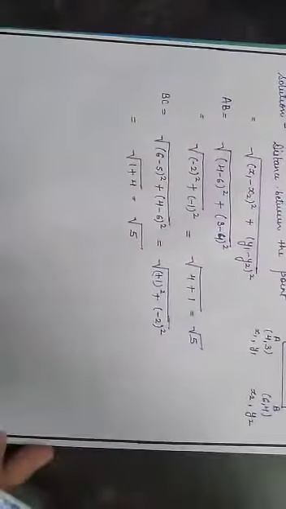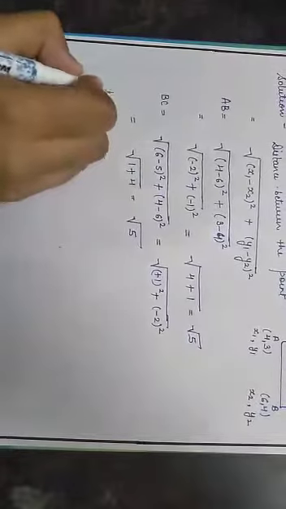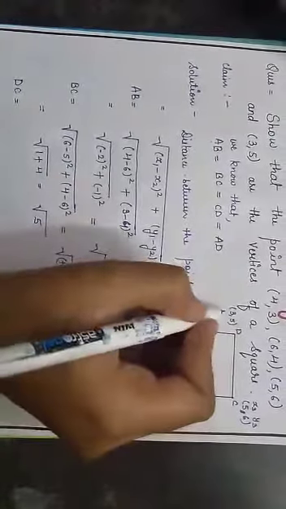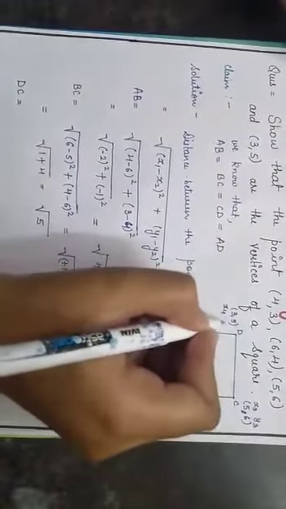Similarly, find DC. For DC, 3 is x4 and 5 is y4.